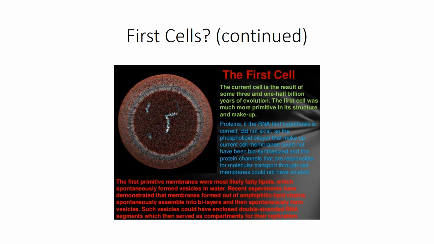If you remember the structure of a typical cell, in what way are modern cells different from these pre-cells? What else do they have except lipid in their membrane? What do they have? Proteins. Like some proteins serve as protein channels, right?